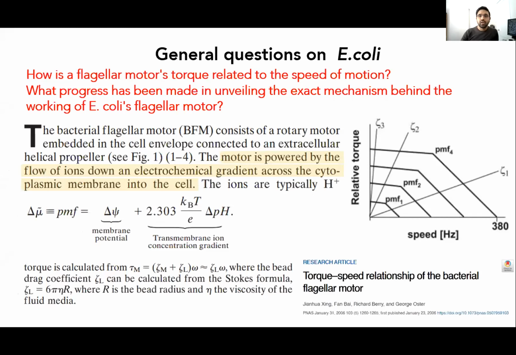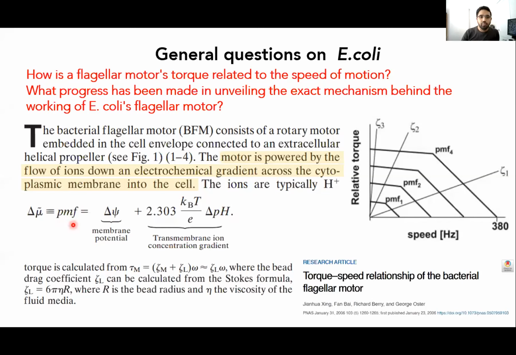The next couple questions that we got were how flagellar motor torque is related to the speed of motion, or what kind of understanding do we have about the flagellar motor? So the bacteria actually rotate the flagella by pumping out ions, right? The motor is powered by the flow of ions through an electrochemical gradient across the cytoplasmic membrane.